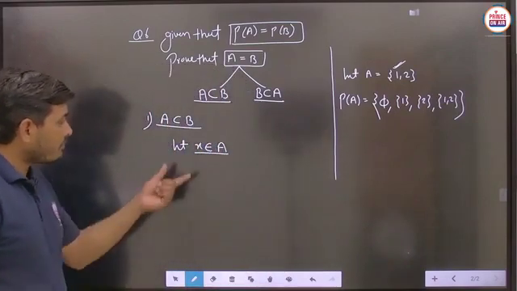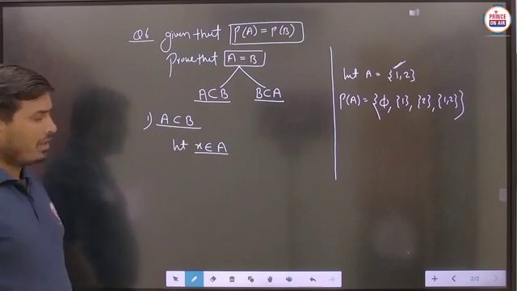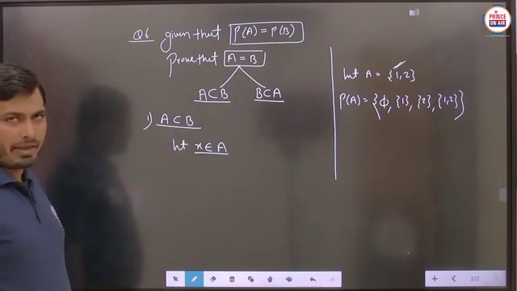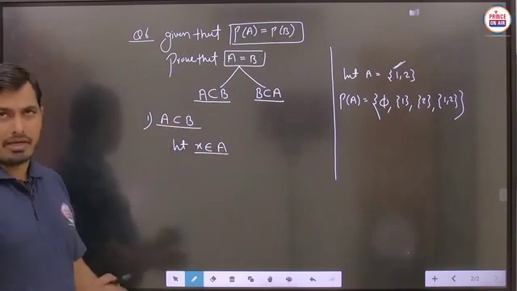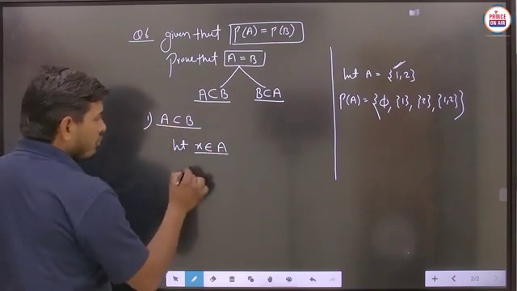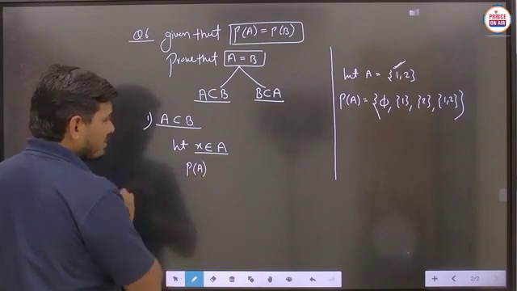Now we just want to get the proof that A is a subset of B. If we take any element x that belongs to set A, then definitely student you can say that the power set of A is what?